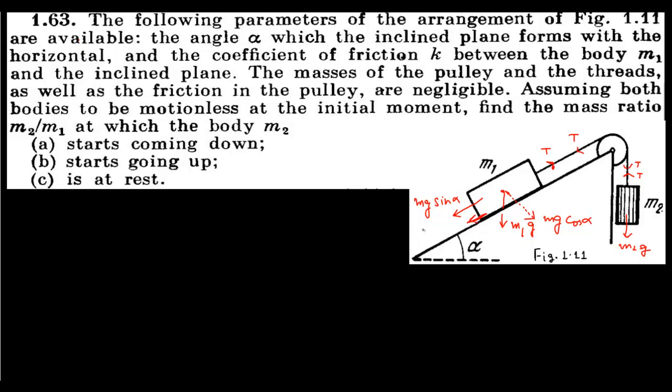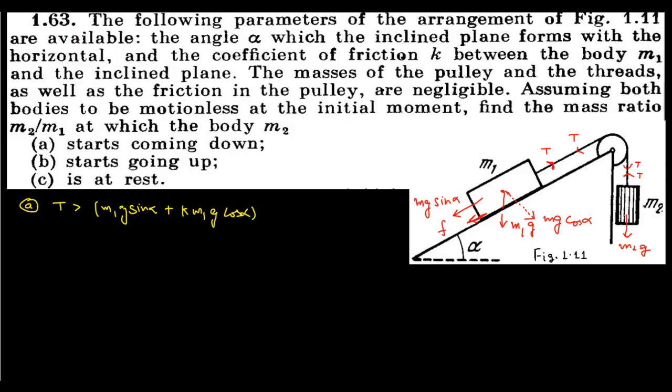In this situation we can write that T is greater than the sum of these two forces, and M2G is greater than T. So for part A, T must be greater than M1G sine of alpha plus the force of friction, which is K M1G cos of alpha.